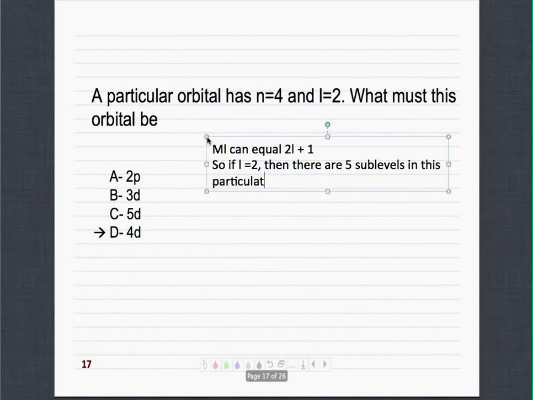Okay, let's do this one. Which of the following is correct? And definitely according to the quantum theory that we learned about.